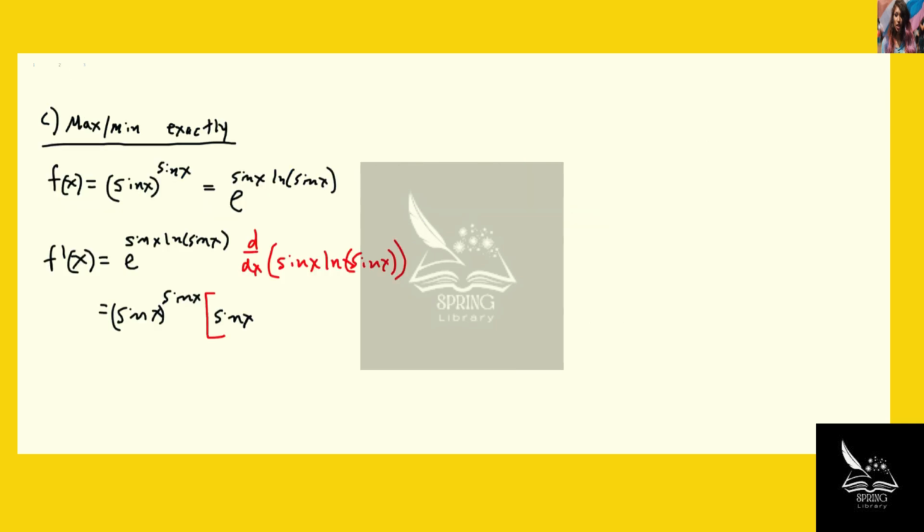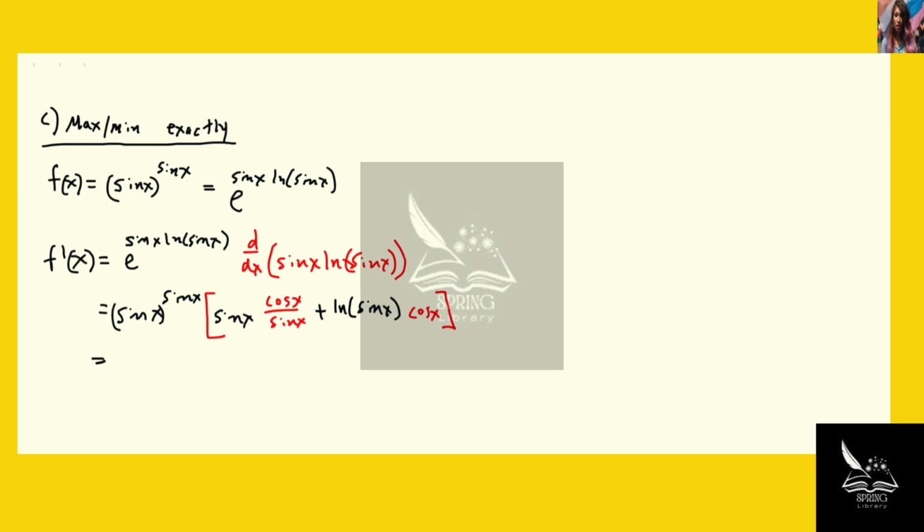So let's go ahead and write that down. Or better yet, let's write it as cosine of x over sine of x. And then we're going to add this when we switch the order of these. So it's going to be natural log of sine of x times the derivative of sine of x, which is cosine of x.